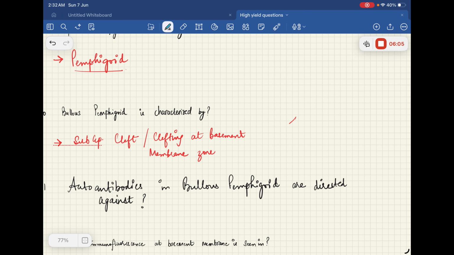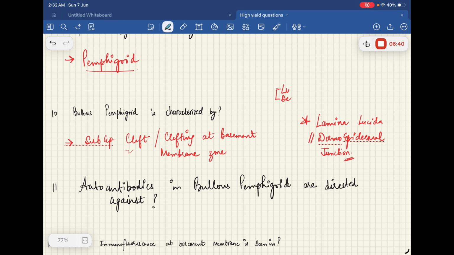Clefting occurs at the level of the lamina lucida. Remember the two layers of the basement membrane, lamina lucida and lamina densa. So at the lamina lucida level, also called the dermoepidermal junction. So the answer is subepithelial cleft, or clefting at the basement membrane zone, or lamina lucida, or dermoepidermal junction.